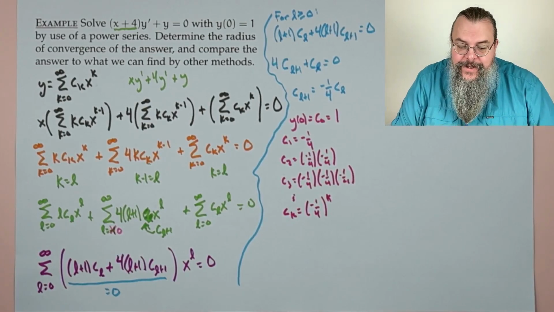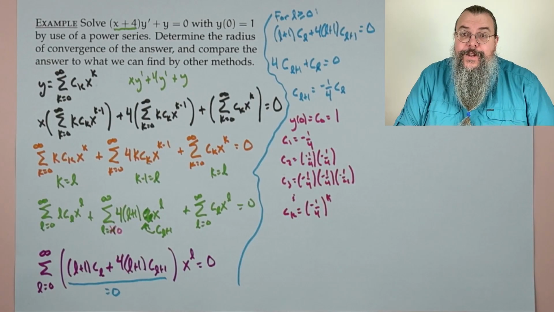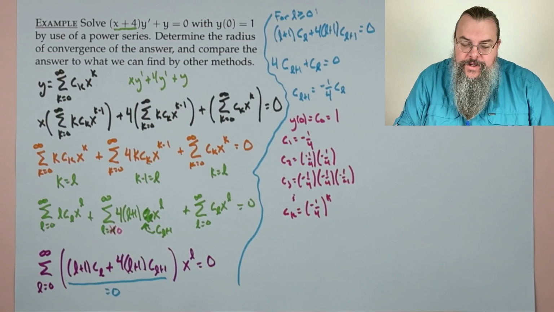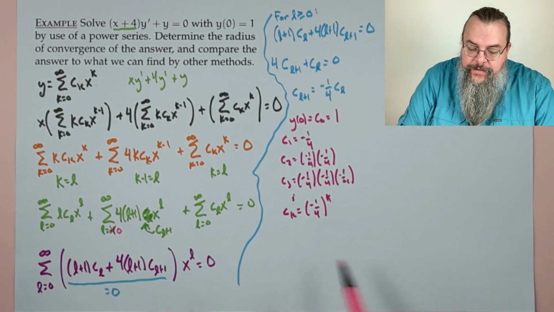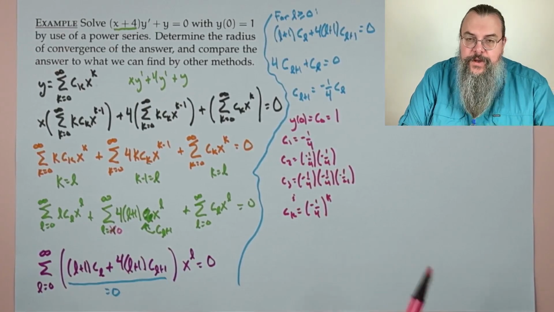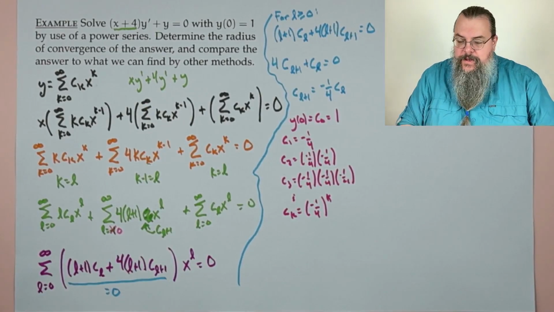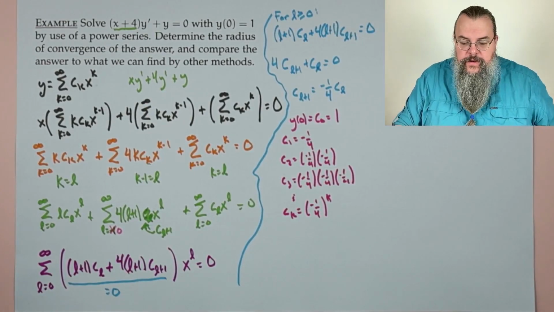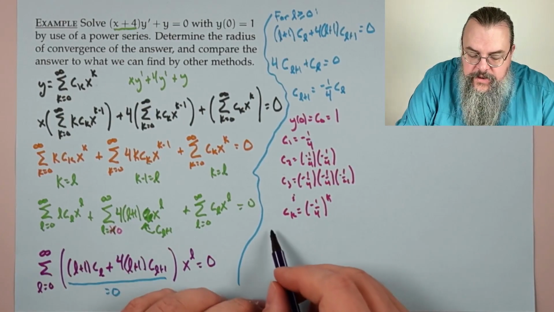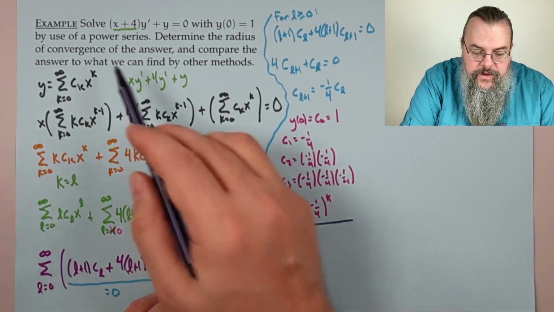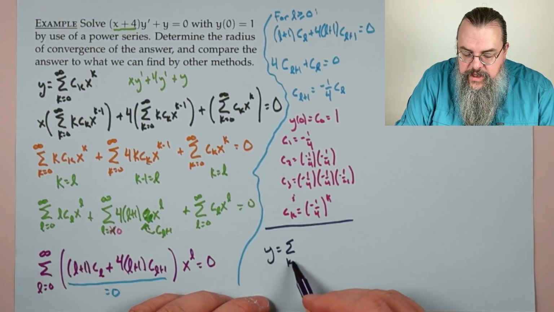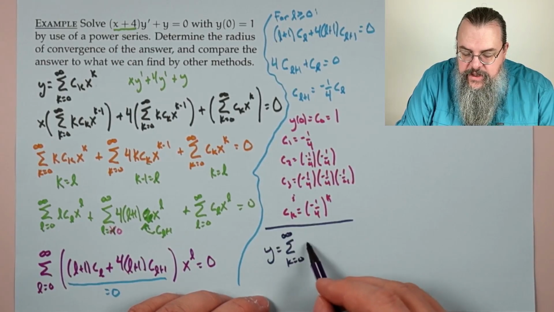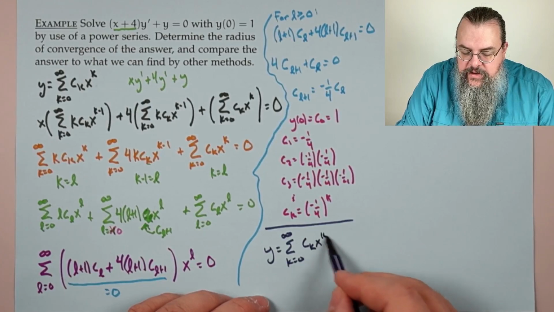All right, good, good. Now, what can we say? Well, now that we have our answer, we can say the following, and that is, we get our series solution, y, which is the sum, k equals 0 to infinity, of Ck x to the k.